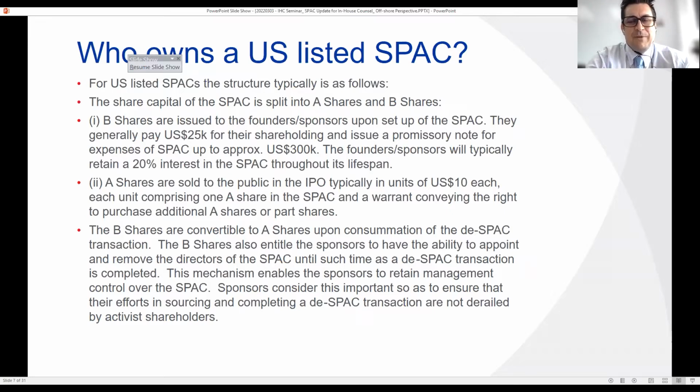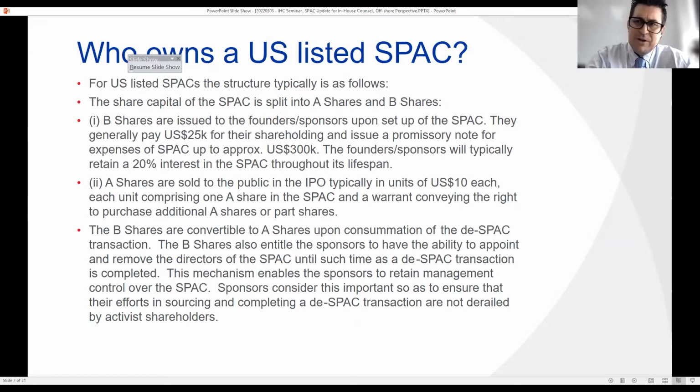That also underpins a support arrangement which the SPAC and the sponsor enter into by way of a contractual agreement, where the sponsor effectively agrees to stand behind the SPAC and guarantee expenses that the SPAC incurs up until the time that the SPAC goes to an IPO.